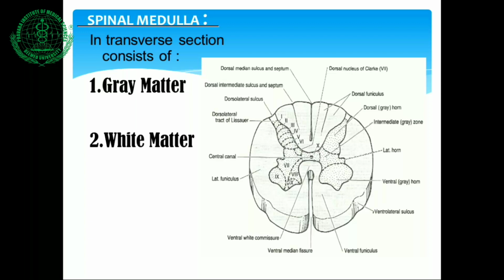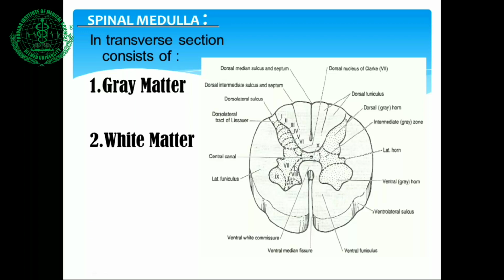Now, that was about the external features; next, the internal structure of the spinal cord. If a transverse section is taken through the spinal cord, what are the features seen? The internal structure consists of grey matter centrally and white matter peripherally.